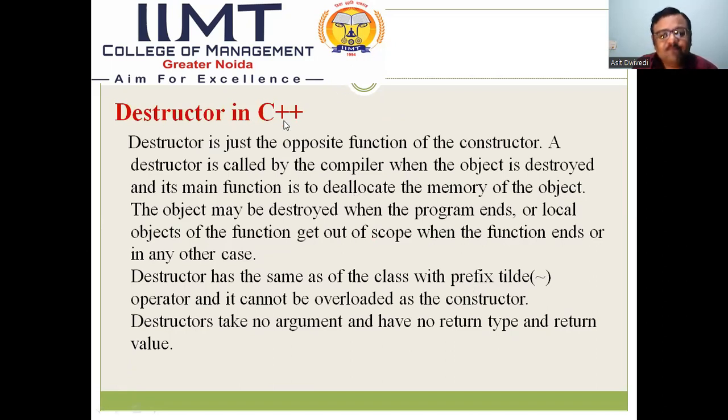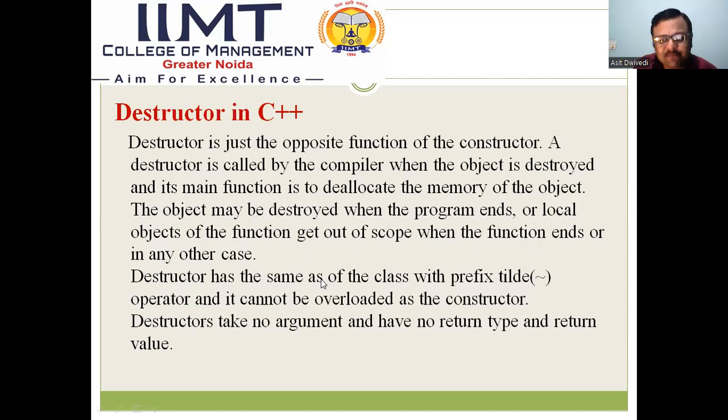Now, destructor in C++. A destructor is just the opposite function of the constructor. A destructor is called by the compiler when the object is destroyed, and its main function is to deallocate the memory of the object. The object may be destroyed when the program ends, or local objects of the function get out of scope when the function ends, or in any other case.